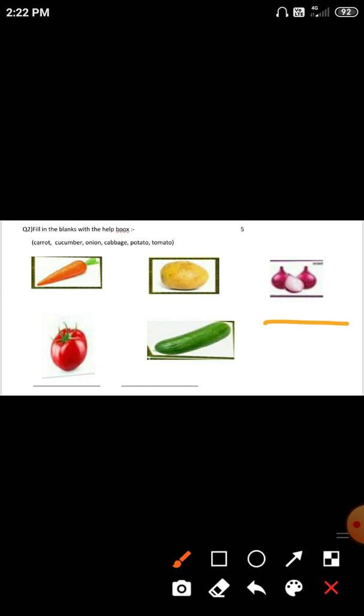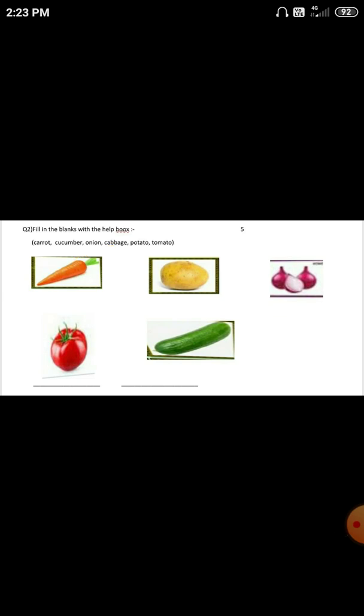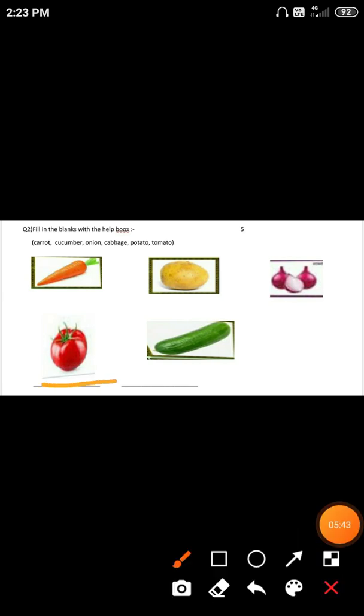So you have to write it here, onion. The onion spelling is O-N-I-O-N, onion.